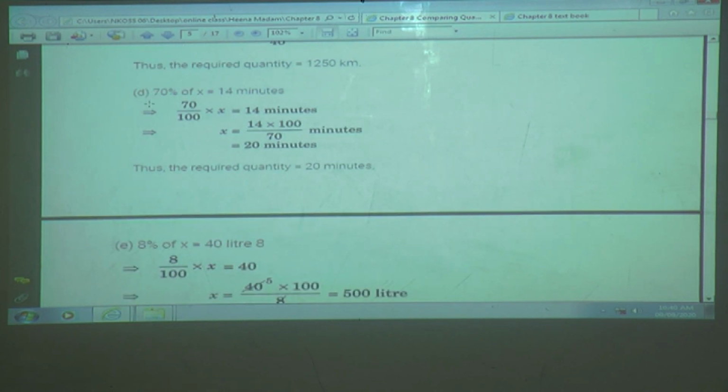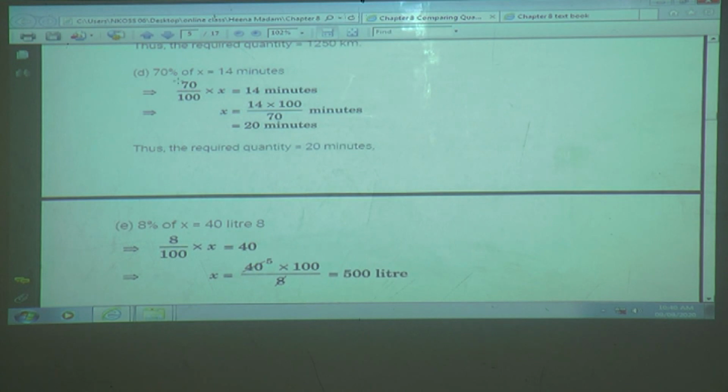Here is one more example: 70% of x is equal to 14 minutes. What will we write? 70 upon 100, which is the percent written as a fraction, multiplied by x is equal to 14 minutes.